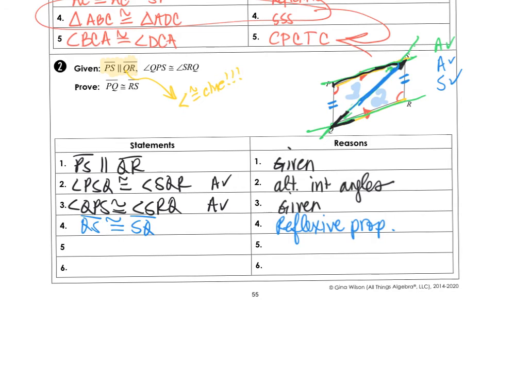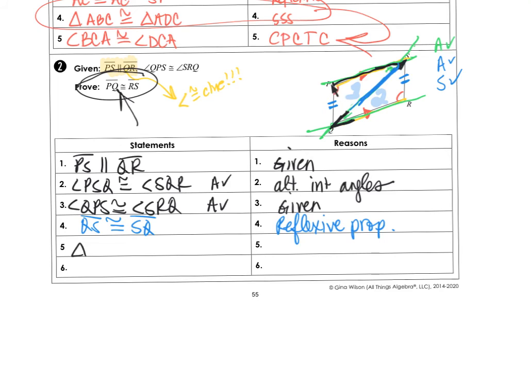Okay, so again, remember that the goal is to prove that these sides are congruent, but we can't prove those sides are congruent until we prove that the triangles are congruent, because first comes triangles, then comes CPCTC. So let's make sure we call the triangle correctly.